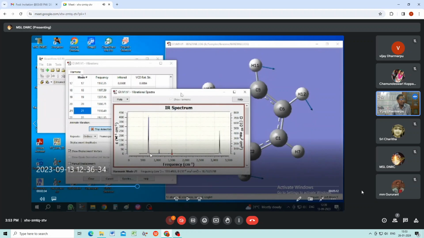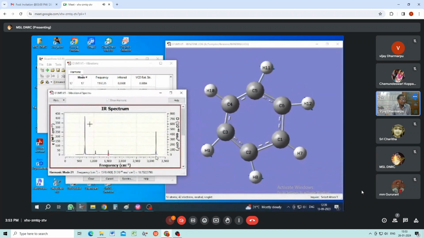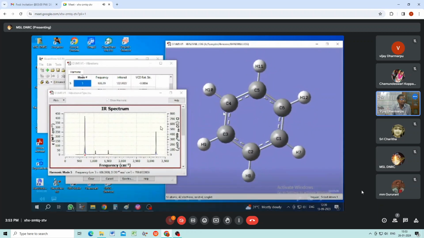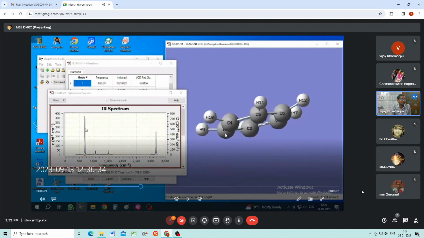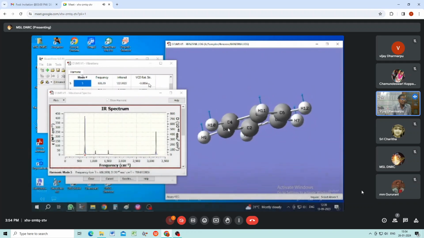Based on the spectra, here is the CH vibration, this is the ring vibration, and these are the in-plane bendings and out-of-plane bendings. Clearly, if we select any peak, we can see the corresponding mode, corresponding frequency, corresponding infrared intensity, and rotational stretching also.